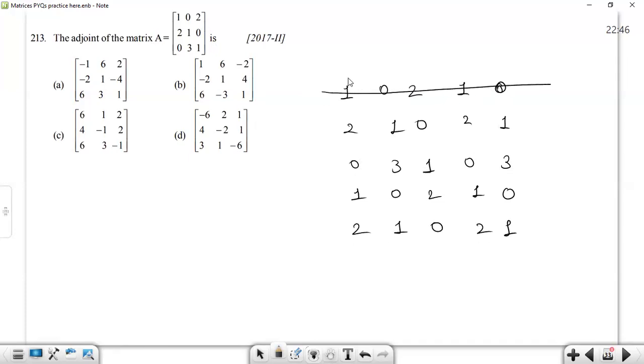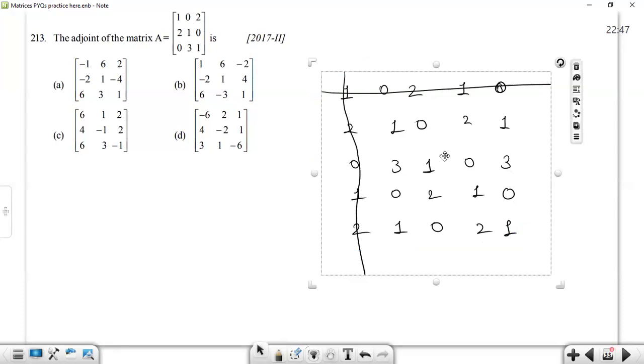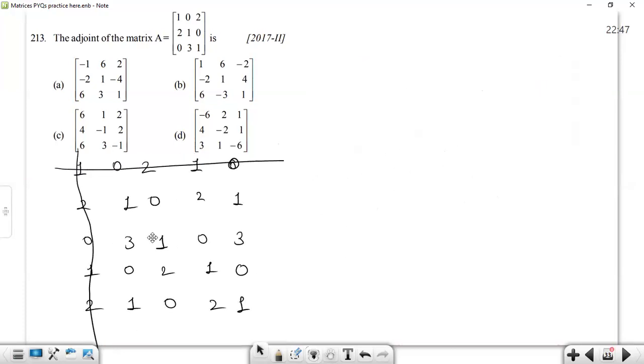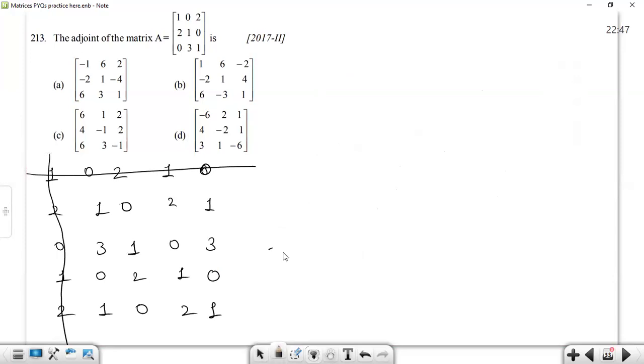Cancel the first row, first column. Now rewrite the matrix whose transpose will be the adjoint of A matrix.